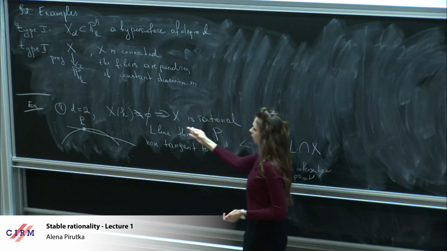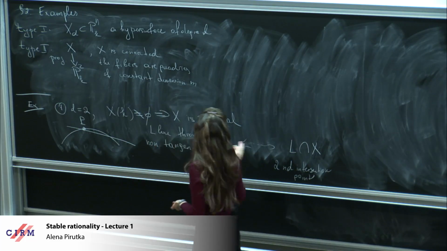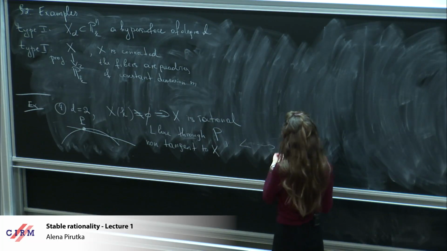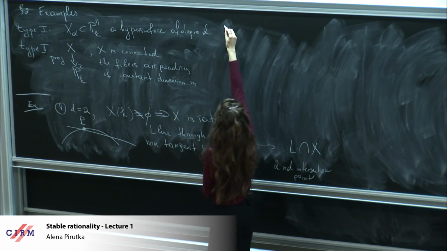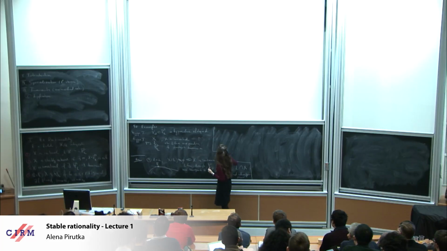Lines through P form a projective space, non-tangent lines an open subset, and then you have the second intersection points, and this gives you a rational parametrization.